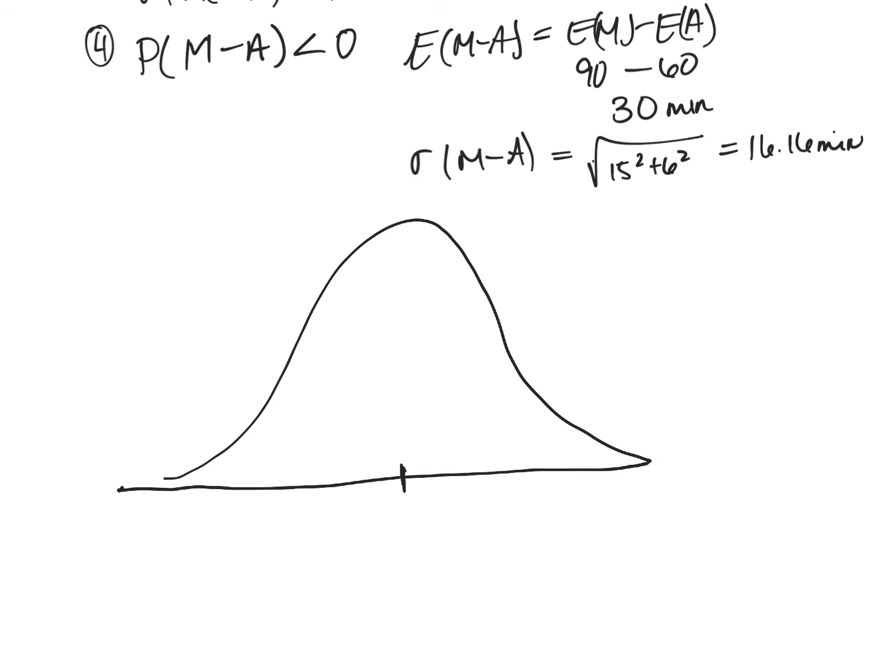If I have a mean and a standard deviation, and I'm asked for the probability, I should be using the normal model. My mean is at 30. My standard deviation is 16.16. I want to know the probability that this difference is less than 0. How do I use the normal model? What do I calculate?